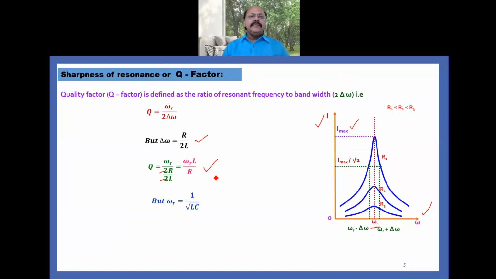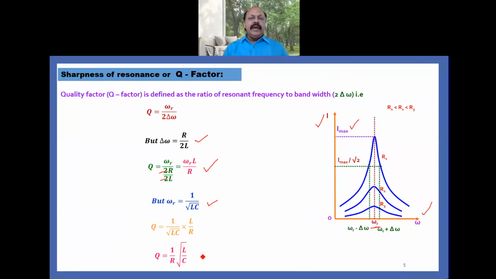After that, we know that omega r equal to 1 upon root LC. Substitute this value in the above equation. You will get Q equal to 1 upon under root LC into L upon R. And solve it, rearrange it.